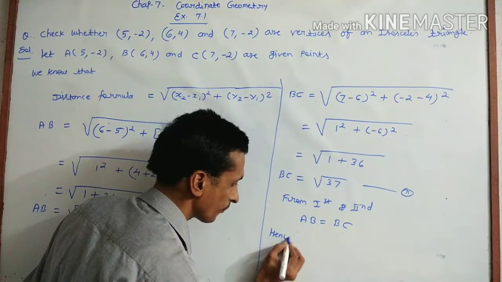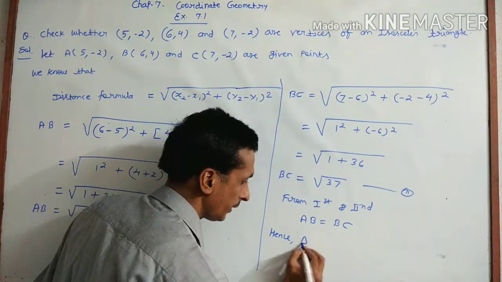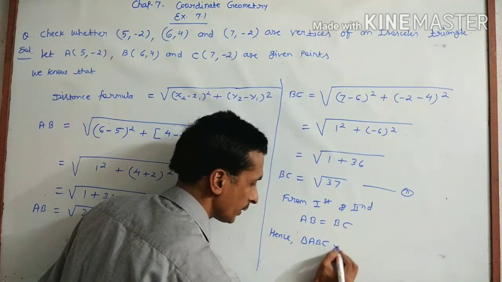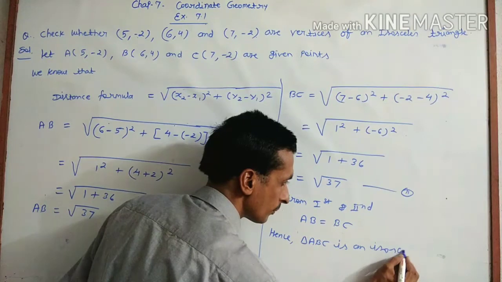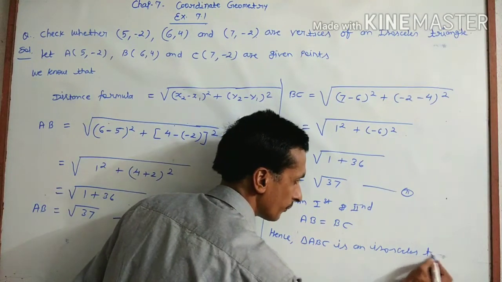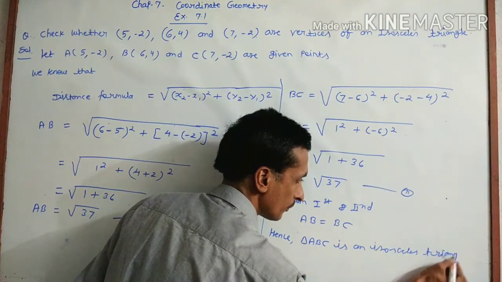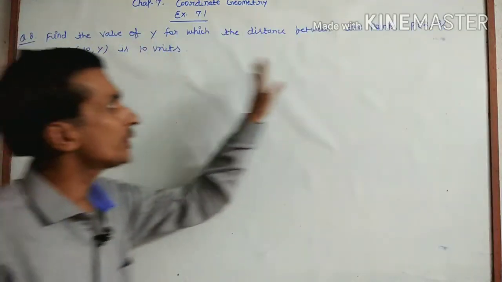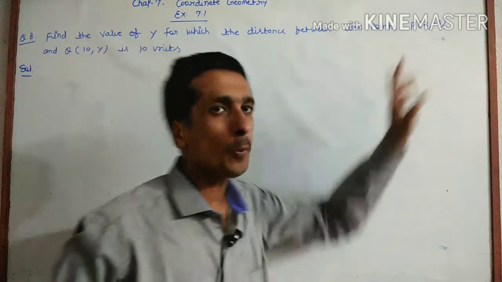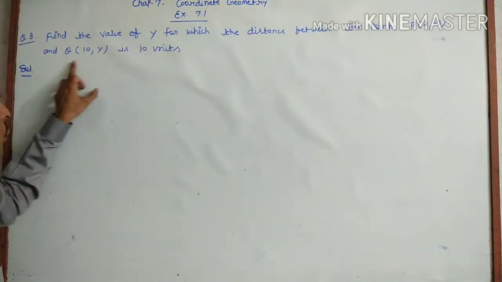Hence, triangle ABC is an isosceles triangle. That is proved.